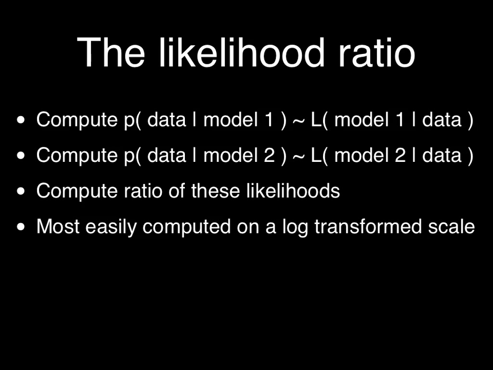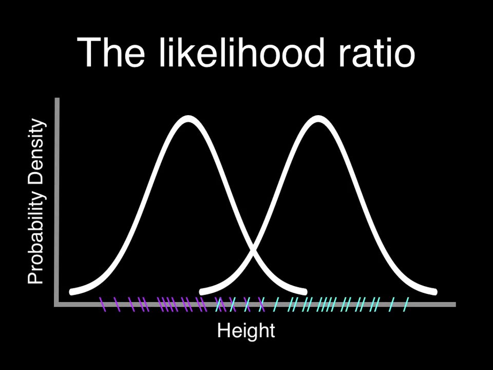It turns out that computers don't like simply doing this on the raw scale of the probability of the data. It's much easier to compute this whole thing if you use the log scale. So the idea is that you just log transform this axis.